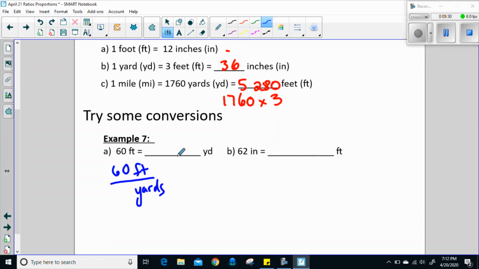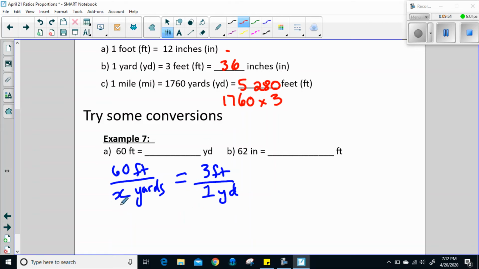How many feet and yards are in each other? I have 1 yard is 3 feet. So I'm going to put the 3 feet up top so that my feet are beside each other. And then I'm going to put my 1 yard in the bottom. And that's what I'm trying to solve for, my x yards.